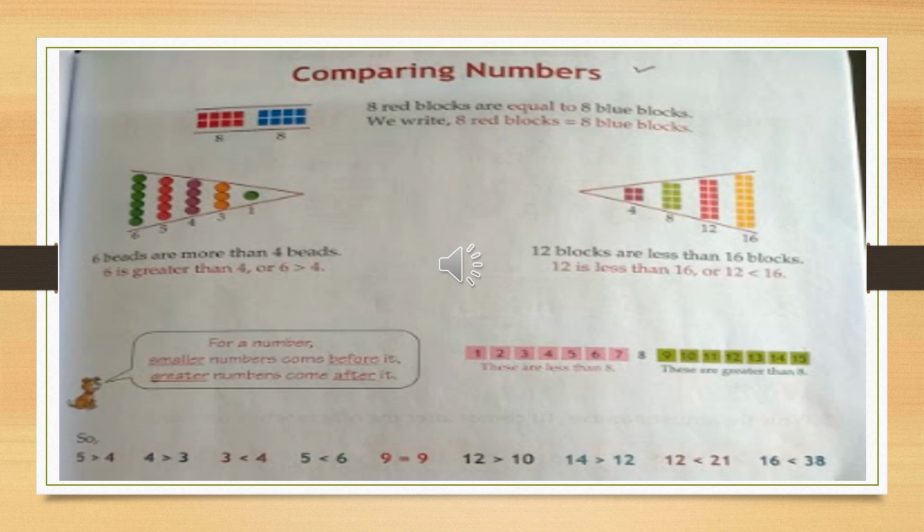Wherever the bigger number is, the birdie is facing it. Like 38, 21, 14, 12. Only 9 and 9 have the sign of is equal to because both the numbers are equal.